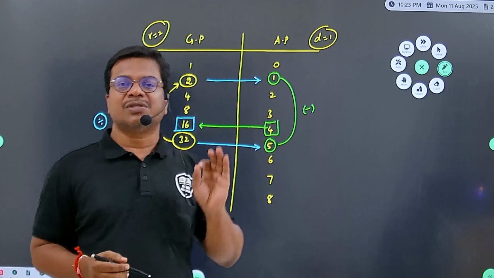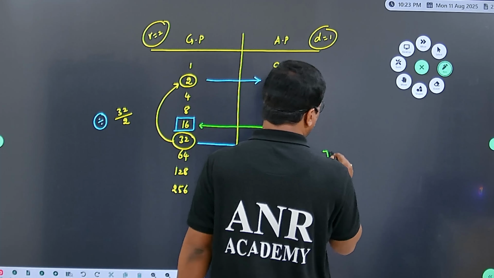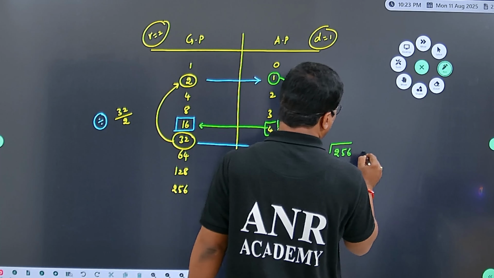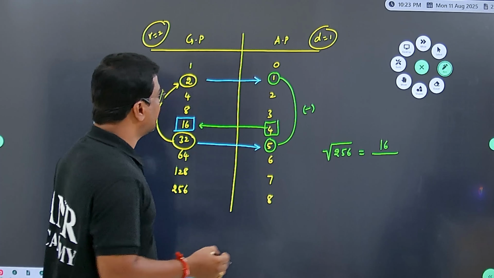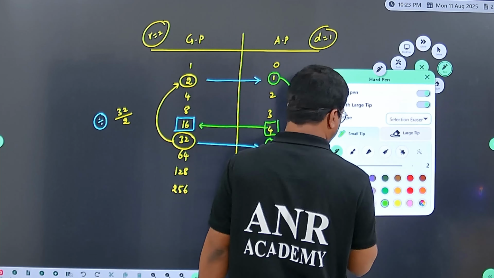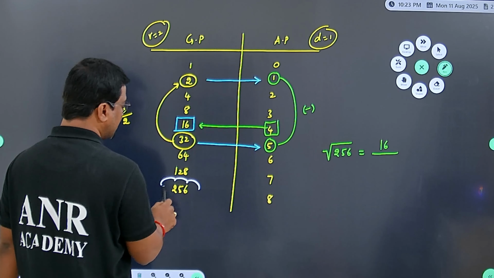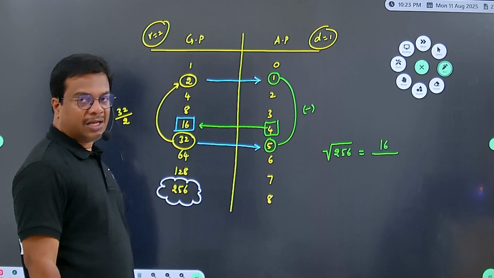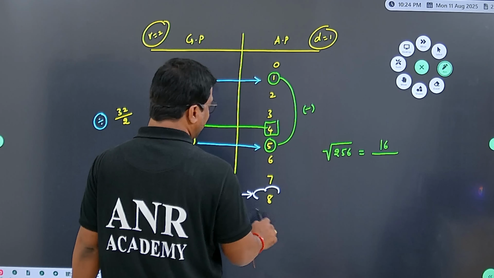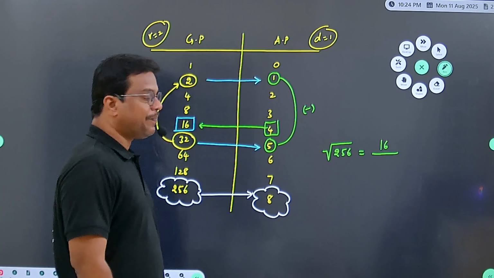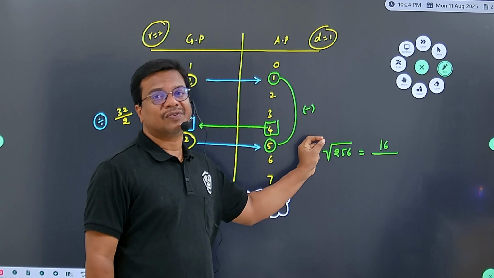Also, suppose you need to find the square root of 256, root over 256, you know that the result is 16. Observe in the tabular form, here you have 256, a 3-digit large numeral. Instead of this, select the corresponding term which is in AP. Next, here the question is the square root of 256.